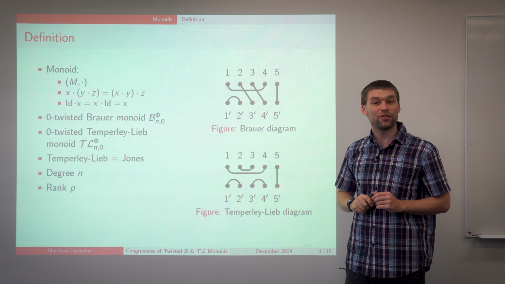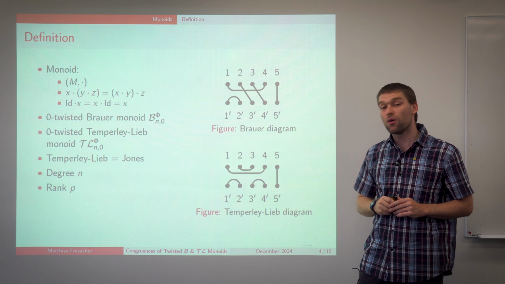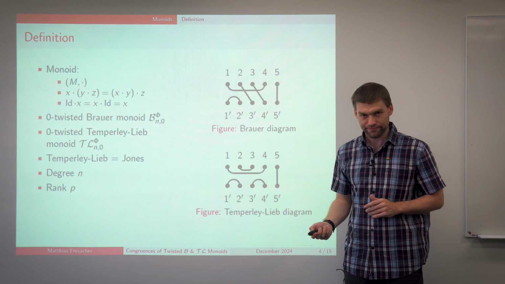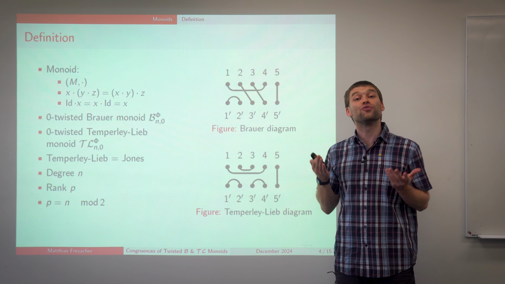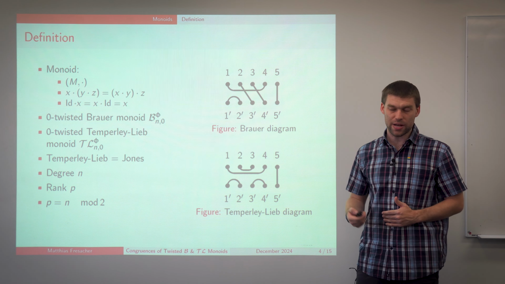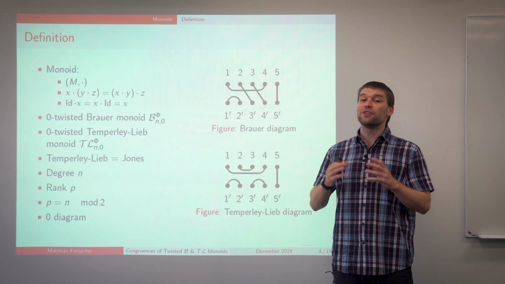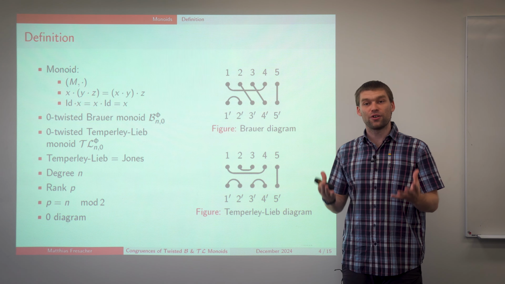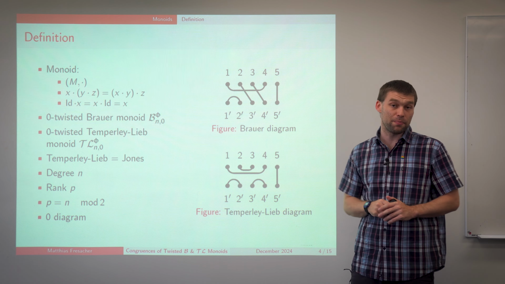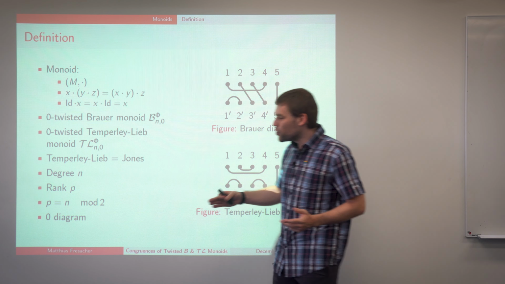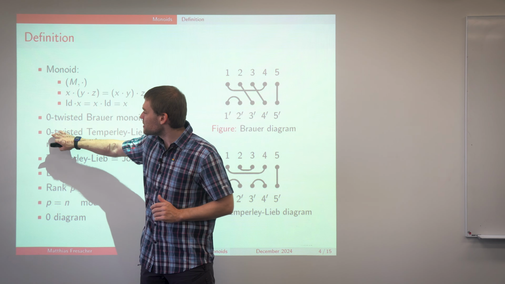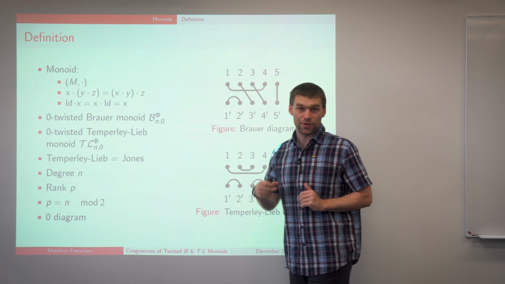This diagram has rank 3. Here we have a rank 1 diagram. It holds that the rank and the degree always share the same parity. We also have a zero. We call it a diagram, even though strictly speaking it's just an abstract construct. It doesn't have a pictorial representation. And just to avoid confusion, that zero doesn't have much to do with that zero here.